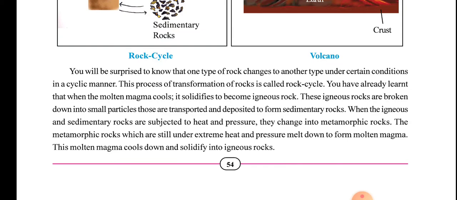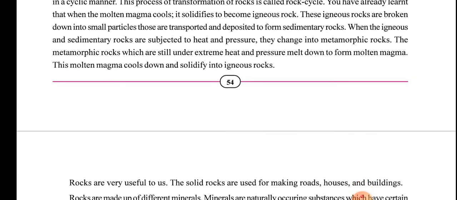These igneous rocks are broken down into small particles, transported and deposited to form sedimentary rocks. When the igneous and sedimentary rocks are subjected to heat and pressure, they change into metamorphic rocks. The metamorphic rocks, still under extreme heat and pressure, melt down to form molten magma. This molten magma cools down and solidifies into igneous rocks.